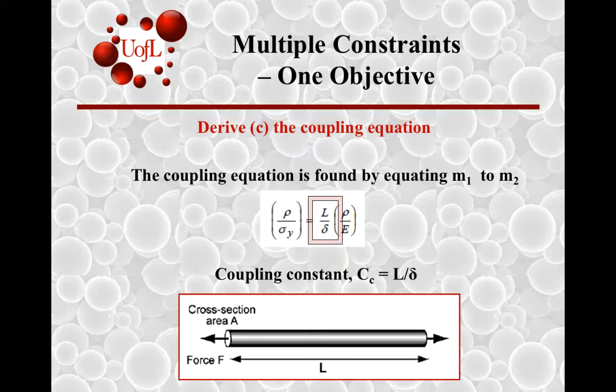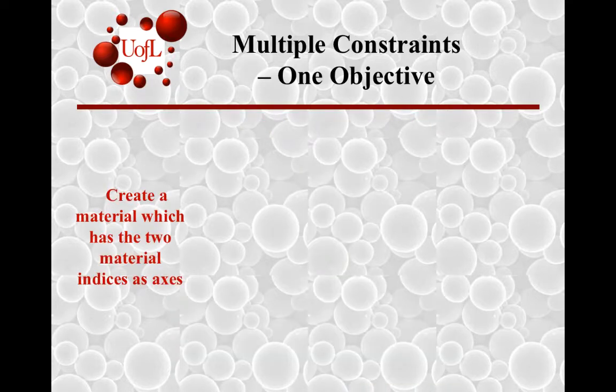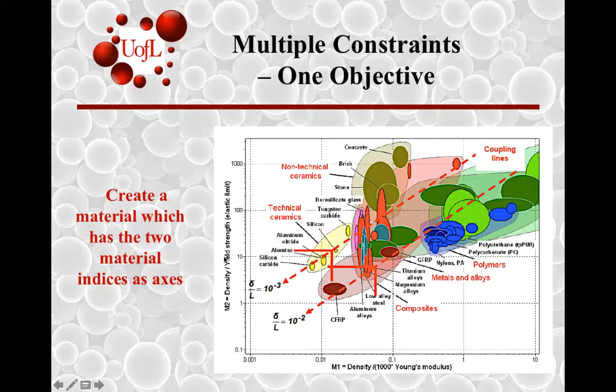So if you have a log-log plot of the two material indices, then you can have a bunch of equations with different intercepts of L over delta. So first let's create the plot. In the first case, for the y-axis, you have density over yield strength, and in the second case, you have density over the Young's modulus.